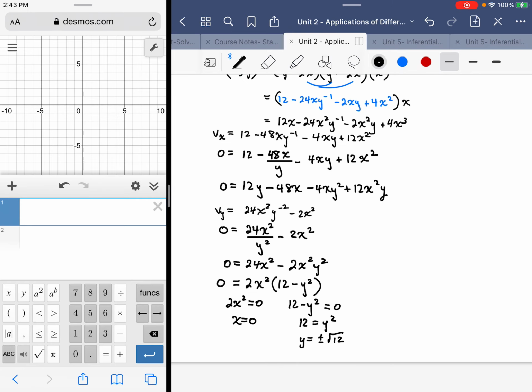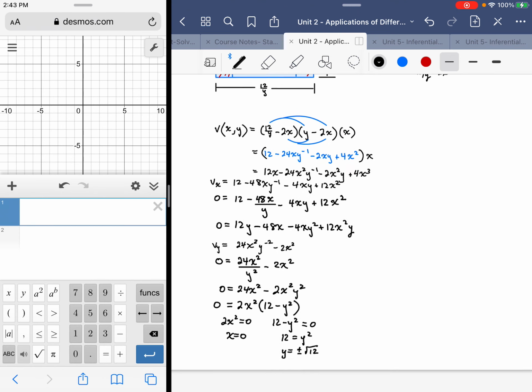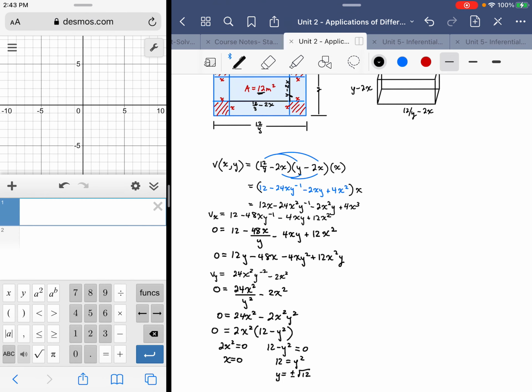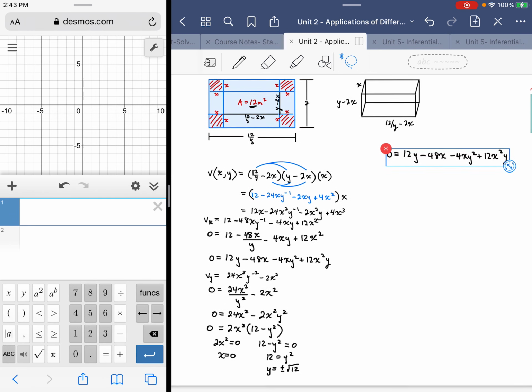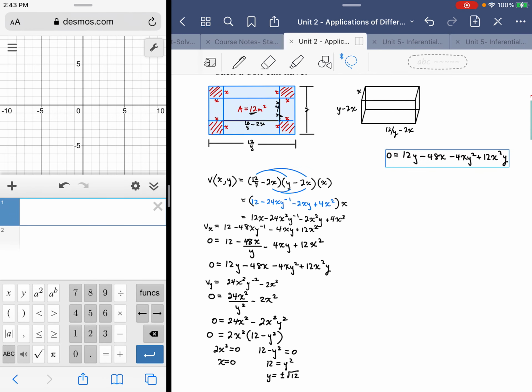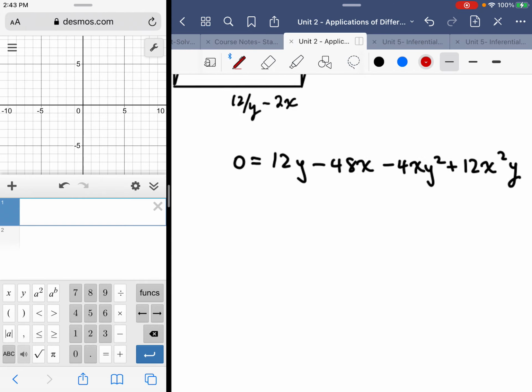You know, we might find out it's not really worth it. So we have the other partial to worry about here. We kind of left that off, a little bit of a cliffhanger. So using this equation, I now have to evaluate that for when x is equal to 0 and x is equal to positive root 12 and negative root 12. So I'm going to make a little note here.